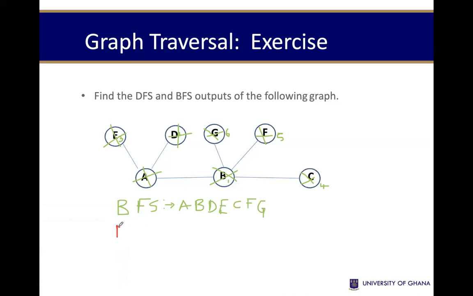Okay. Now let's look at the DFS. Of course, that one I'm going to start with A because A is the starting node. Now when I'm at A, I need to go to the first adjacent node, which is B. So this guy becomes 1.